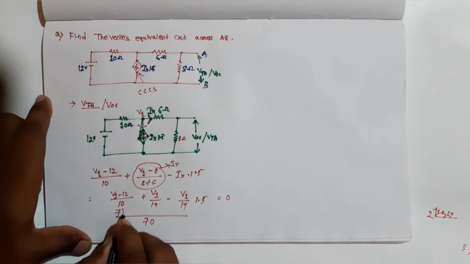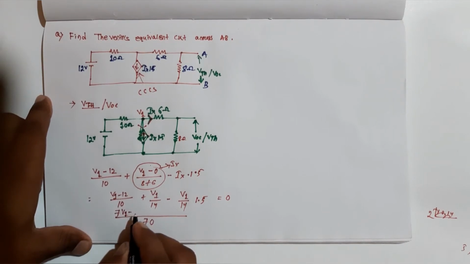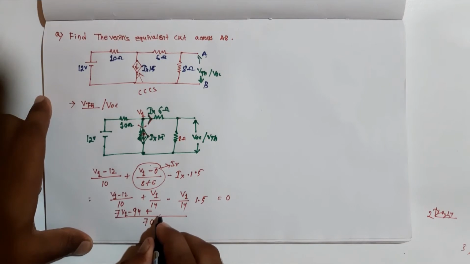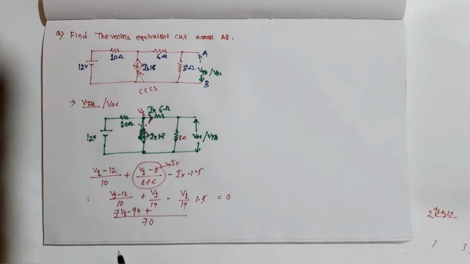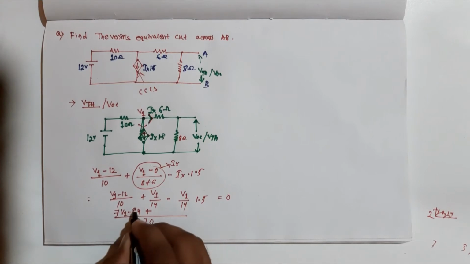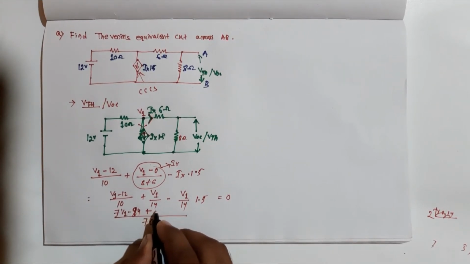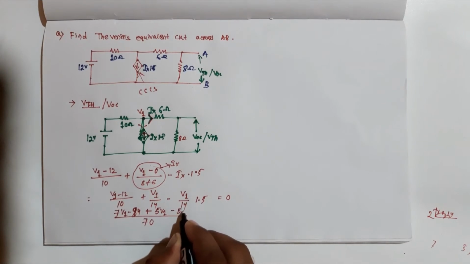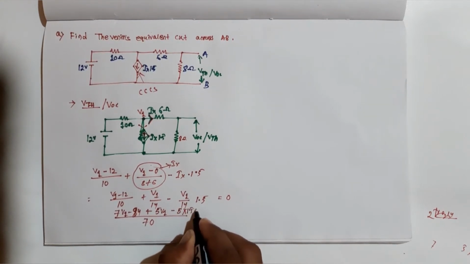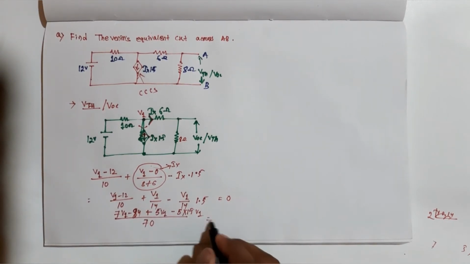Multiplying by 70 gives 7 V1 minus 84, plus 5 V1 minus 5 into 1.5 V1 is equal to 0.